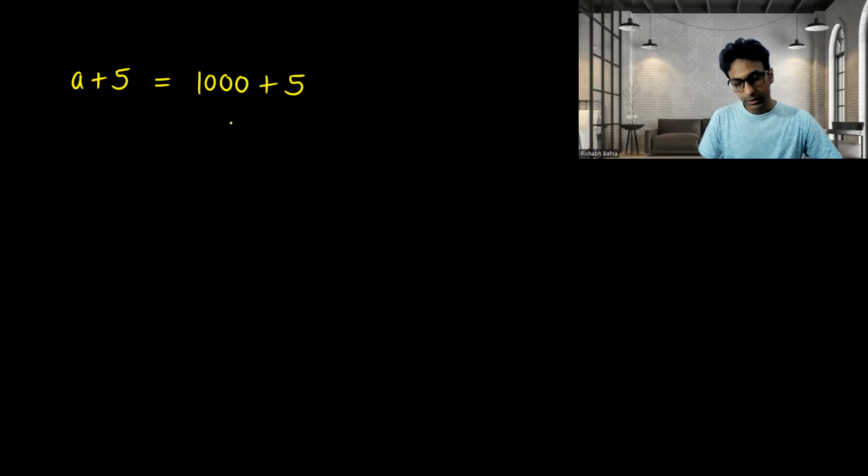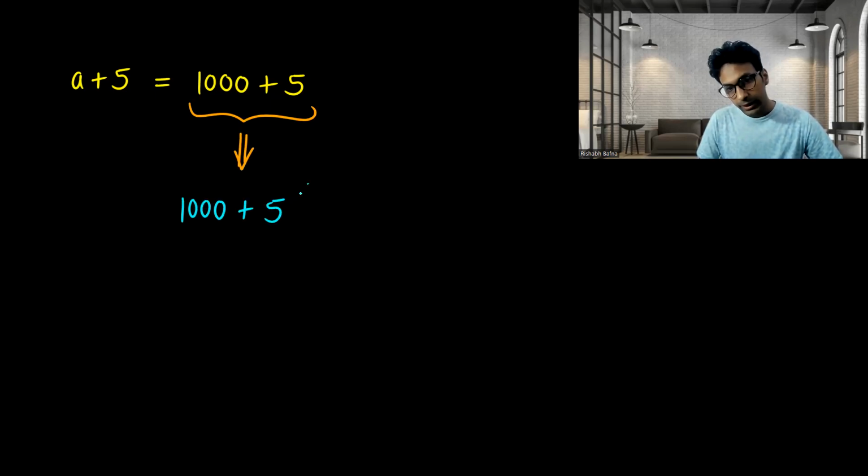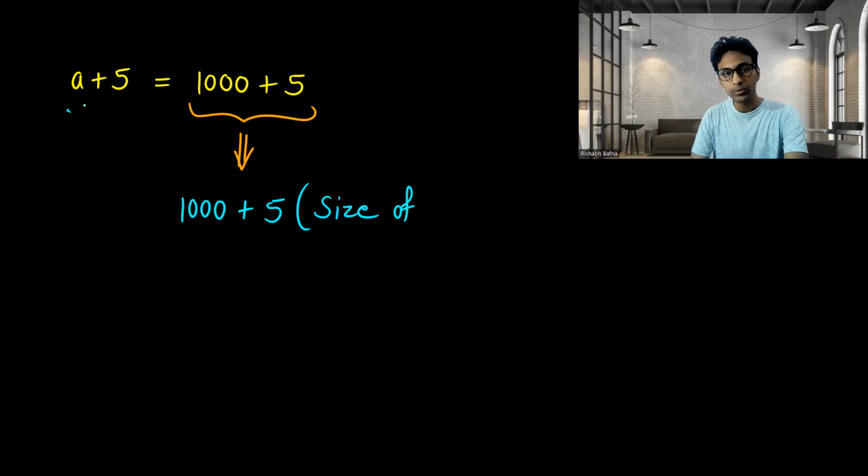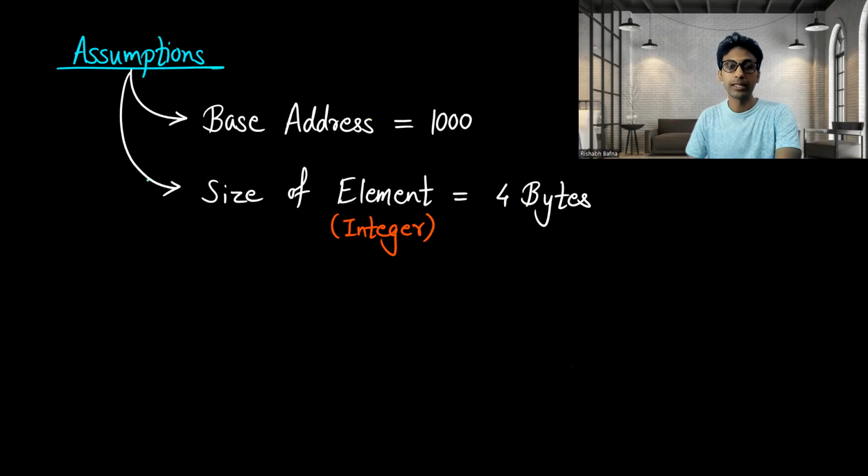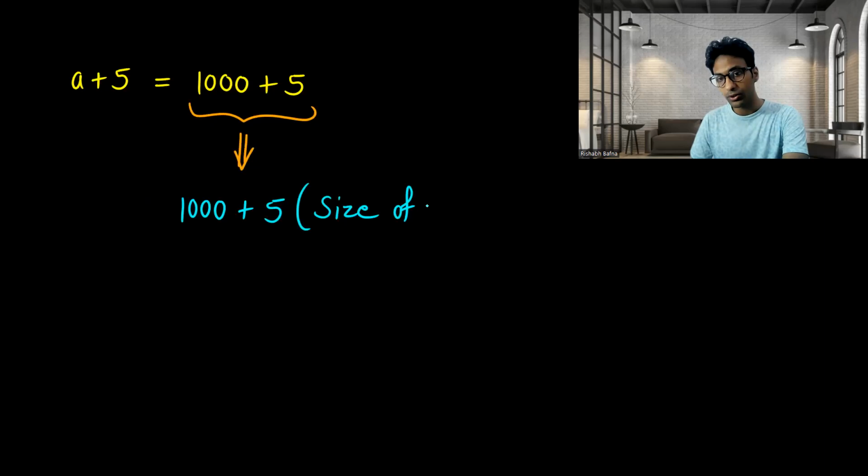This is actually computed as 1000 plus 5 into size of element, because right now A is pointing to the zeroth element. So take the size of the element.